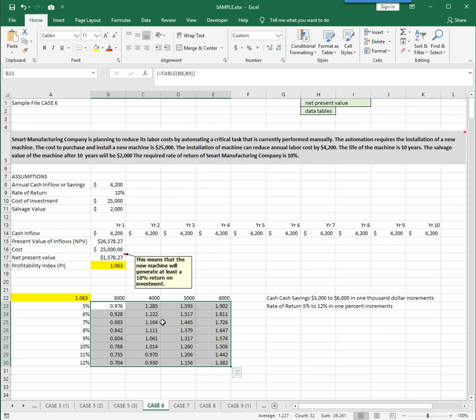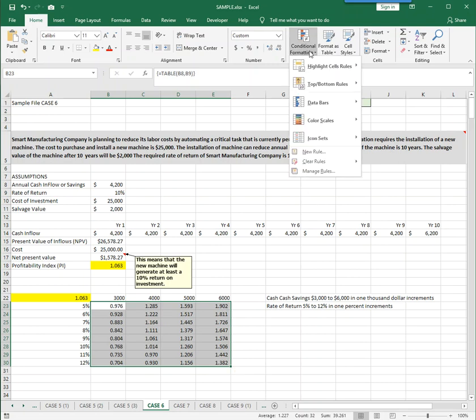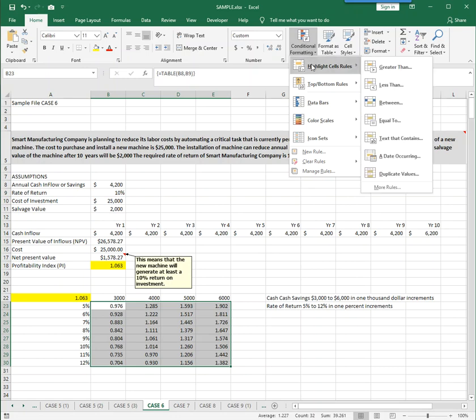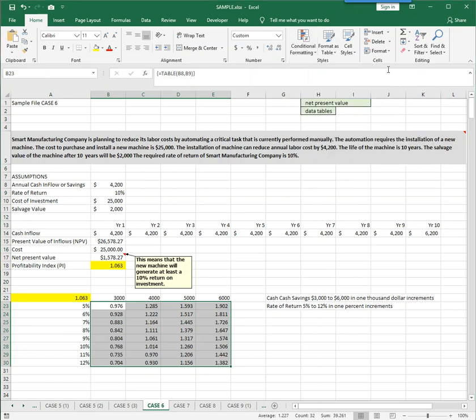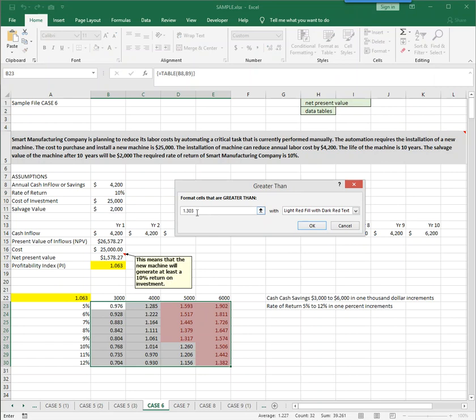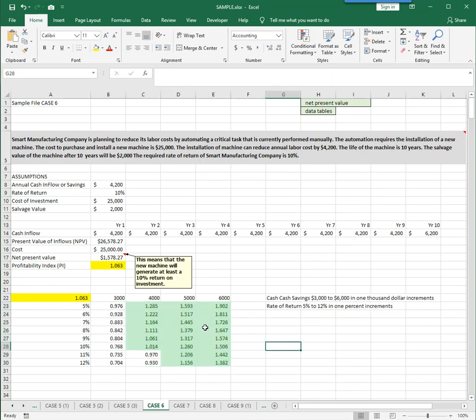And every number less than 1 means we have not achieved the rate of return that's required. This is a great opportunity to use a little bit of conditional formatting. So we can format these numbers that are greater than 1 and make them green. Green means go.